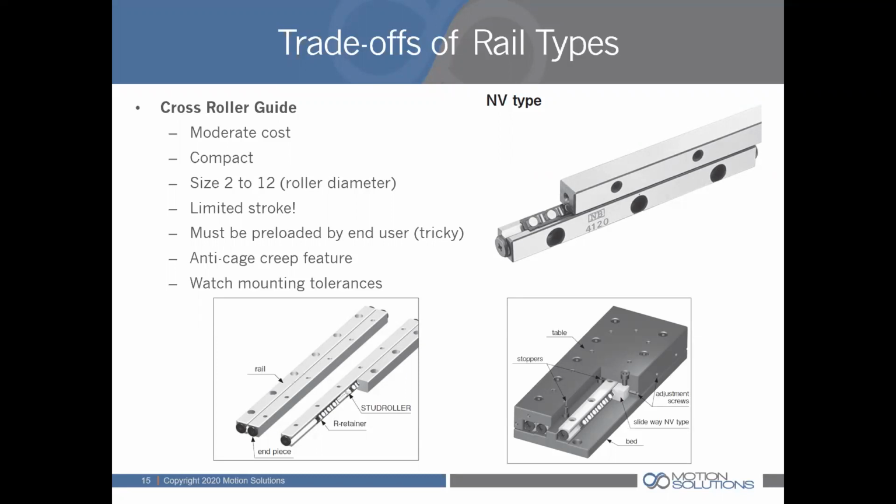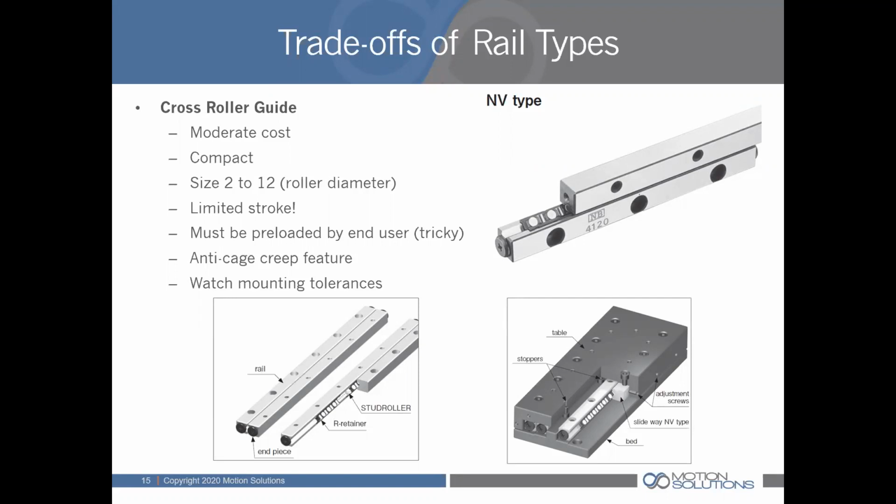A nice feature to look out for is some manufacturers offer anti-cage creep features. If you have a slight unevenness in your preloading, you don't want that cage to migrate to one end of the travel or the other. And also for vertical applications, just gravity would tend to migrate the cage down. You can see in the bottom left diagram here, we've got what we call a stud roller. This is from NB.